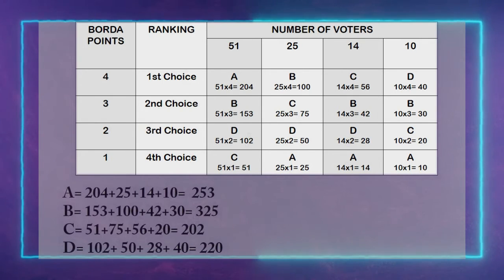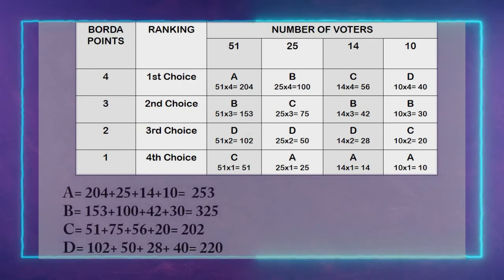So 25 times 3. Then 14 voters rank candidate C as their first choice. So 14 times 4. And 10 voters rank candidate C as their third choice with 2 points. So 10 times 4. So all in all, candidate C garners 194 points.